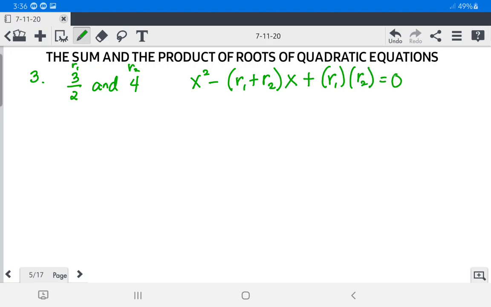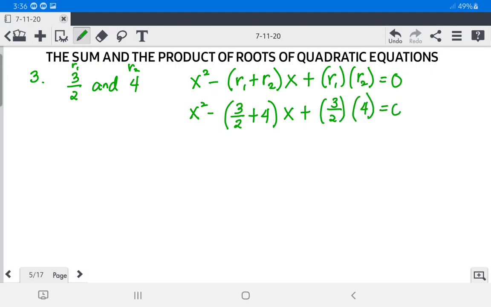So we have x squared minus the sum of the two roots. We have 3 over 2 plus 4x, then plus 3 over 2 times 4, then equals 0.